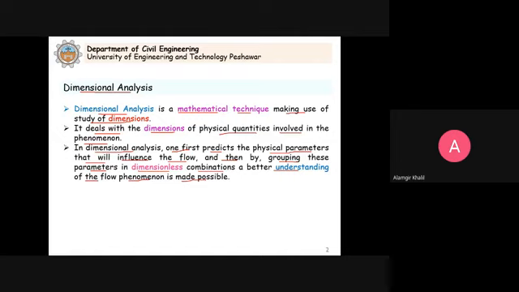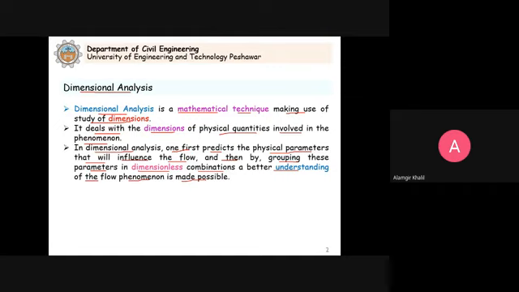If, for example, we omit an important parameter or you bring unnecessarily parameters which are not important, significant in that problem, so there will be no benefit. Clear? You will not get the required results if you miss out important parameter.